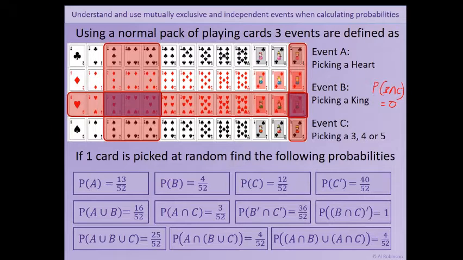So they don't have any numbers on them, so it's 0. So to find the complements, you do 1 minus the probability of B intersect C, which is going to be 1 take away 0. Sorry, I didn't have any space there, which is just 1. So that's why that one there is just 1.